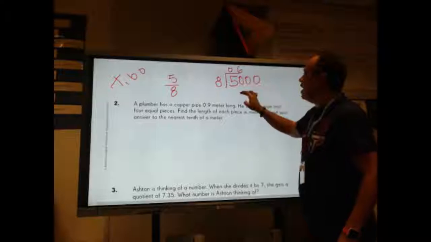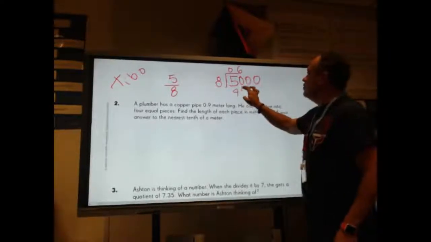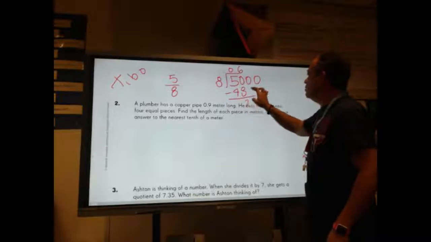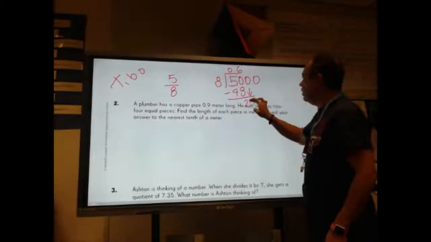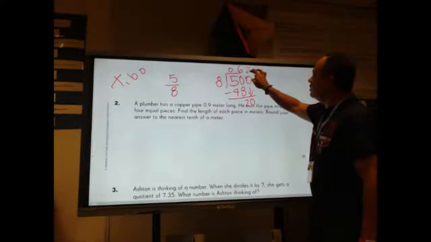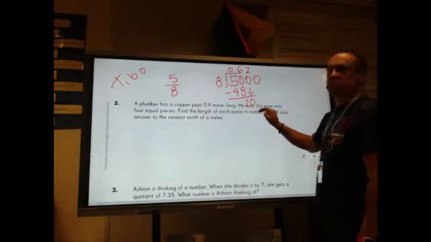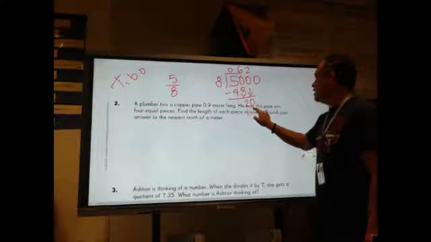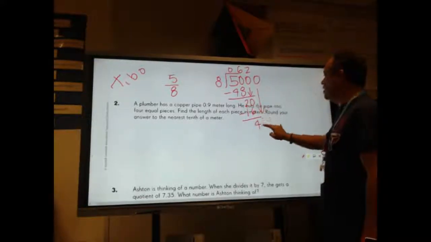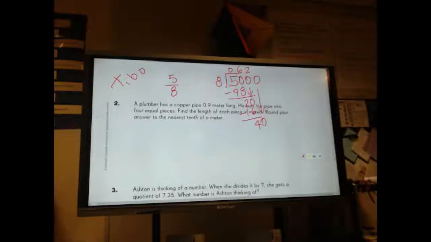So 6 times 8 is 48. Excellent. Now I'm going to subtract. I get 2. Bring down the next number, 0. How many times does 8 fit into 20? 2 times, right? So how much is 8 times 2? 16. Subtract. We can still pull out another 0 and 5.